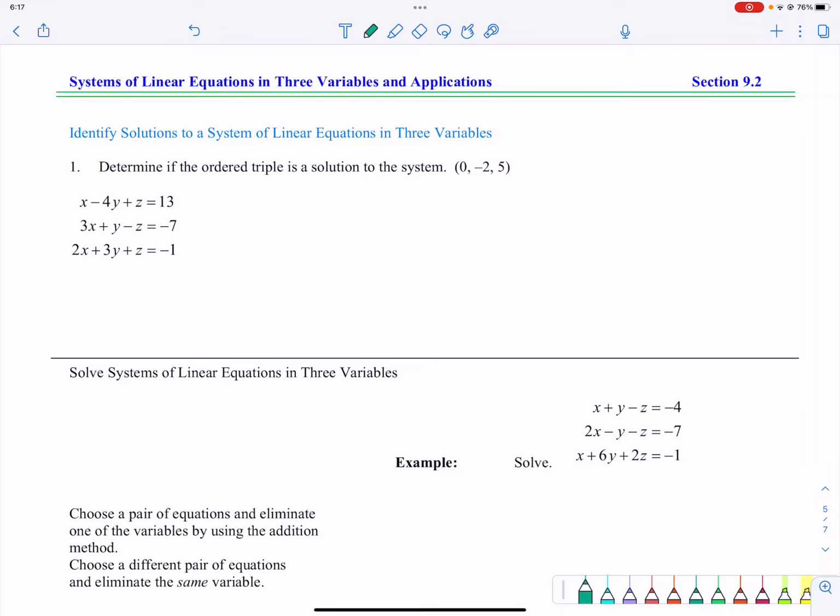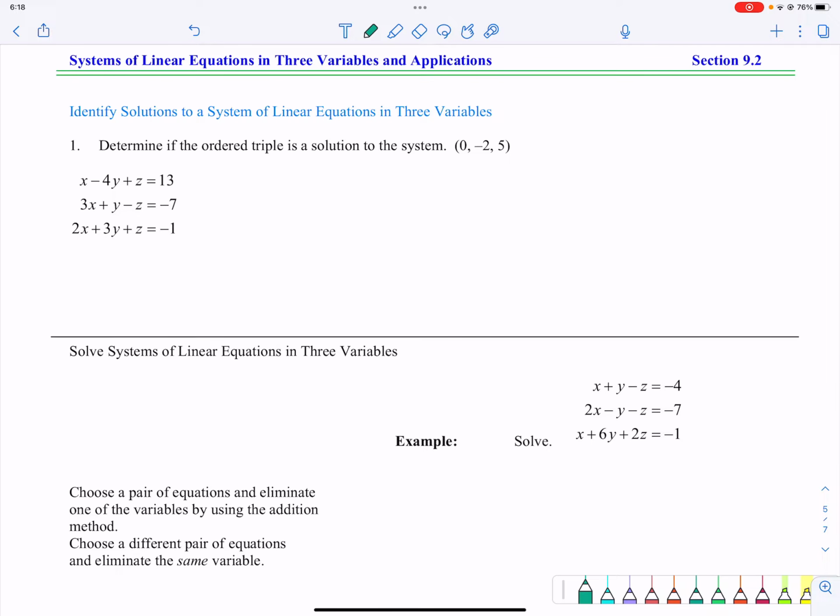So in 9.2, we will determine if an ordered triple is a solution to the system. So now we're identifying a solution of a system in 3 variables.